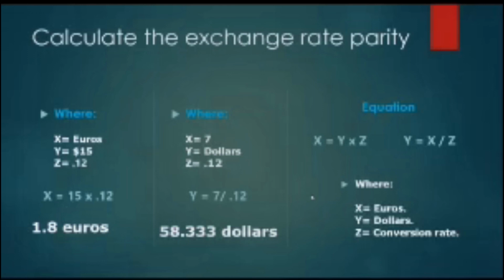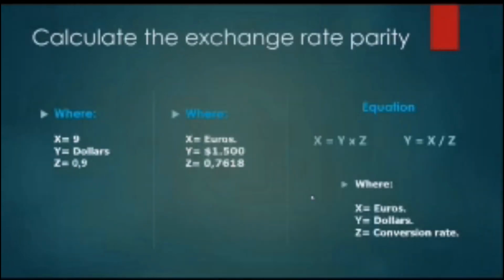So now that you know how to calculate the exchange rate parity, it's your turn to calculate some. You must remember that Y is the amount of money that you have in your own currency, and X is the amount of money that you will have for the exchange rate.